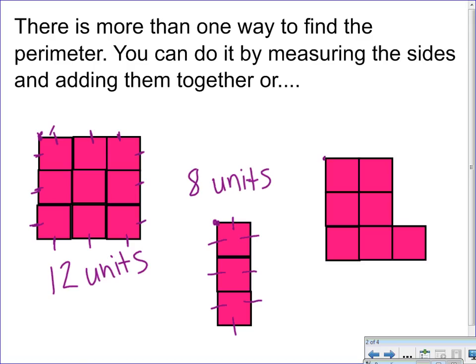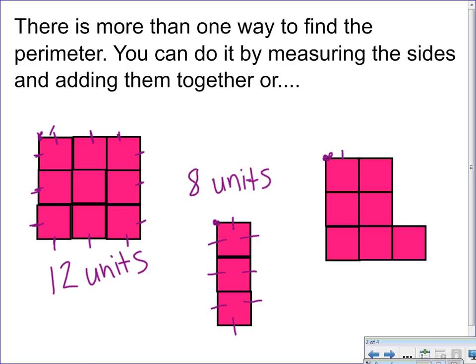I'm going to pick this point and I'm going to go around this shape. So remember, we're not counting how many squares are inside the shape. We are counting how many sides, how many line segments, and each time there's a line going down that ends that line segment.